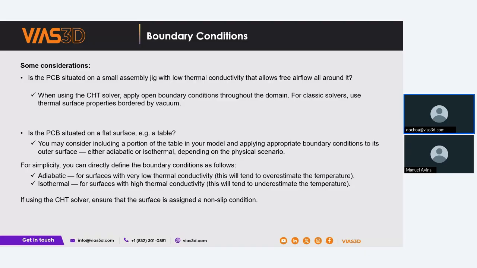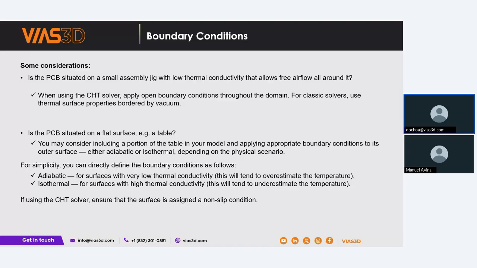Is the PCB situated on a small assembly jig with a low thermal conductivity that will allow the free airflow all around it? If that's the case, if you're using the CHT solver, you should apply open boundary conditions throughout the domain, exactly as we discussed before with natural convection.